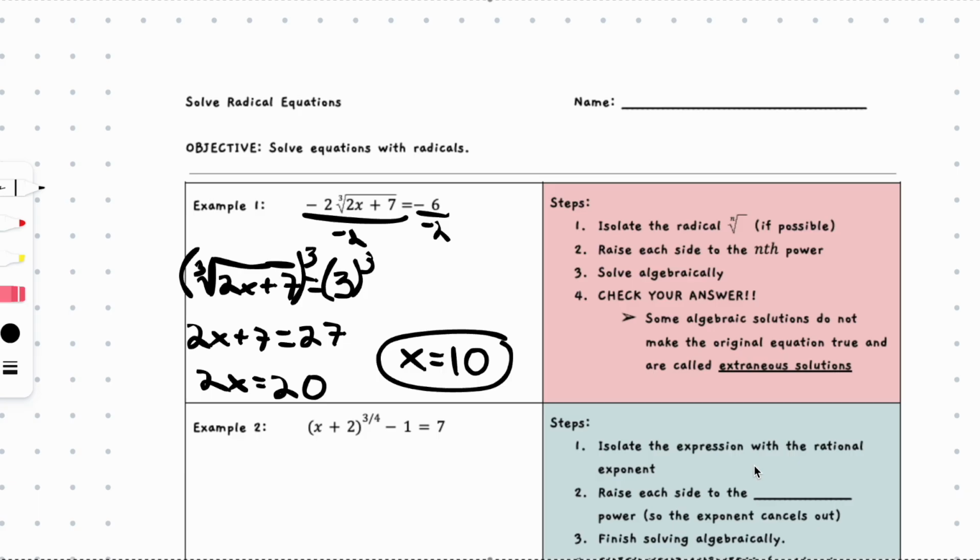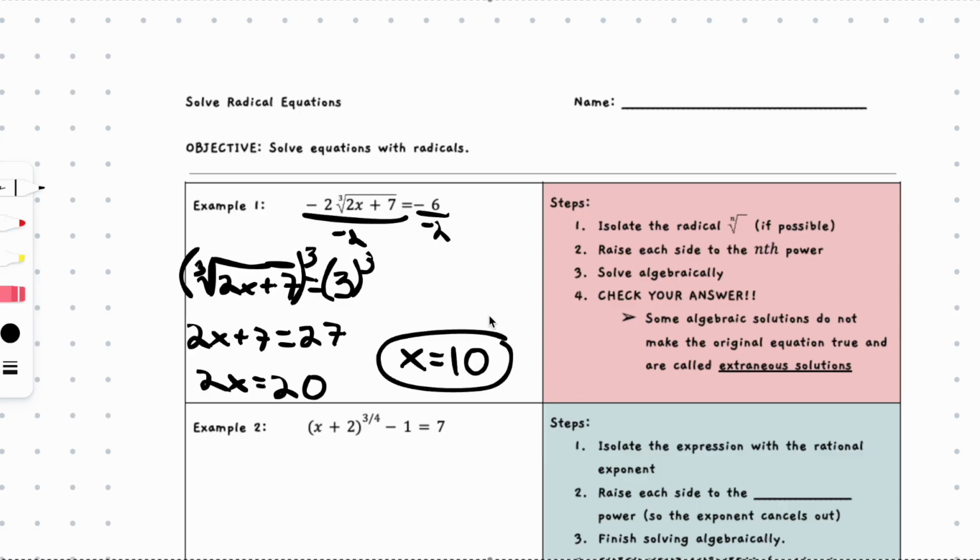One important note is that we always want to check our answer with radical equations, because sometimes when we're squaring or cubing and we have radicals involved, there'll be things called extraneous solutions. So once you solve your equations, always plug them back in.